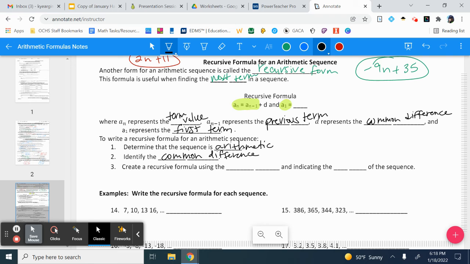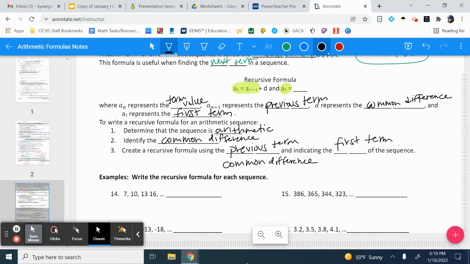So after that, you just want to create the recursive formula using the previous term. And in that previous term, we want to add the common difference to it. Make sure you talk about that. And then you want to indicate what the first term of the sequence is. And hopefully as you see us do these examples, you're going to see that this is very simple.